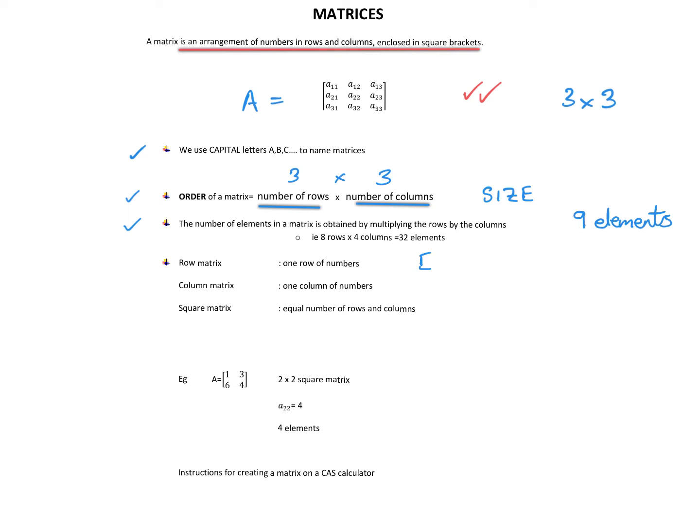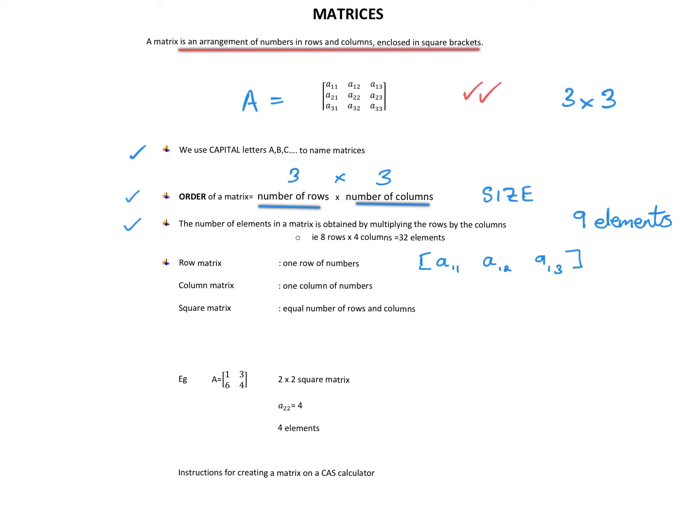So you would have maybe a row 1, column 1, and then a row 1, column 2, row 1, column 3, and so on. That would be a row matrix. It can be as big or as small as you want. Now, obviously, a column matrix would be the opposite, where you have a column of numbers.